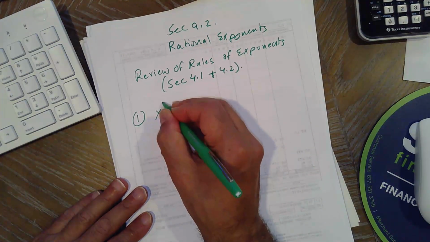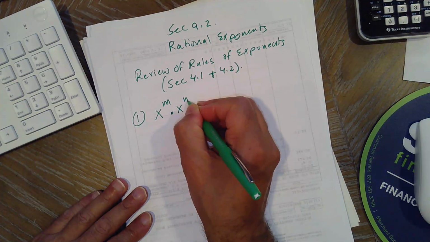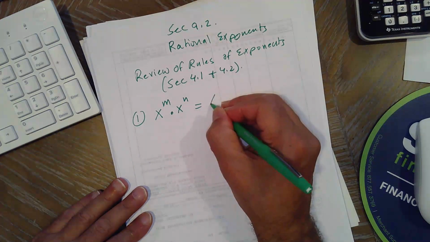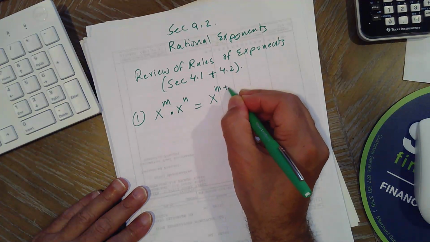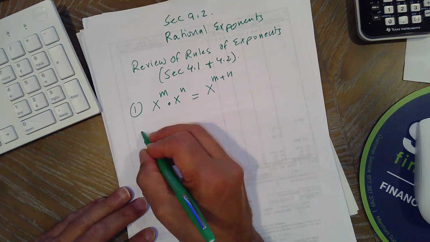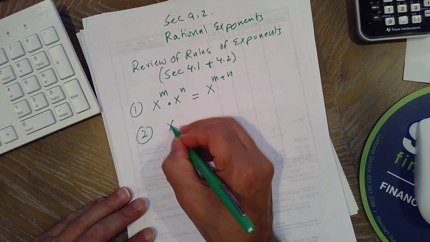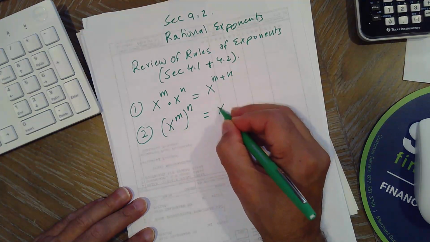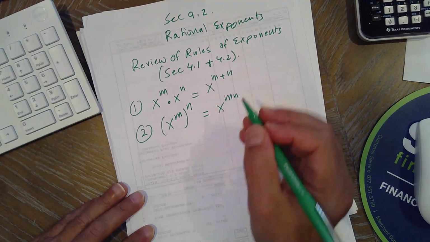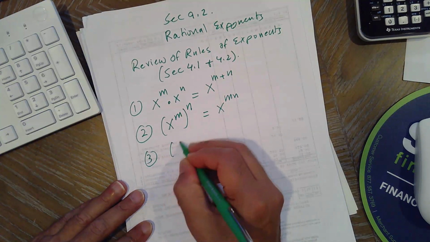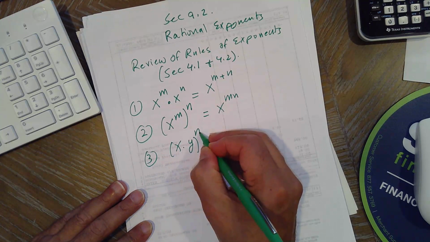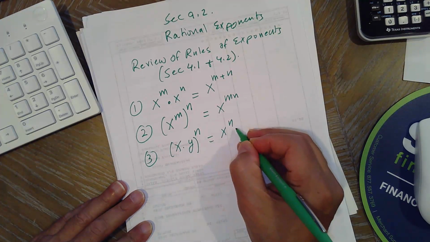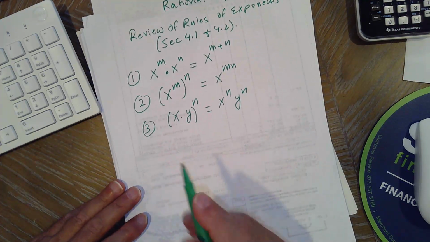If you're doing the product of two exponential expressions that have the same base, we keep the base and add the exponents. If we're doing the power to power rule, x to the m and then another power n, you multiply the powers, mn. Product to power rule, if you have x times y to the power n, you distribute the power, x to the n, y to the n.